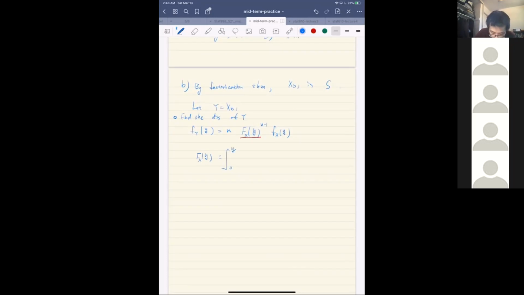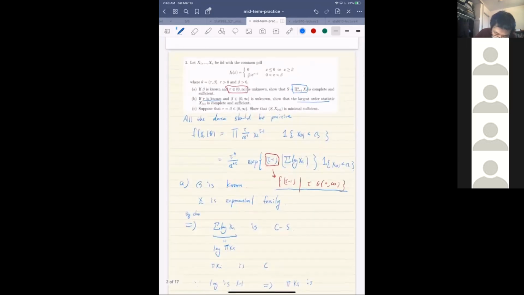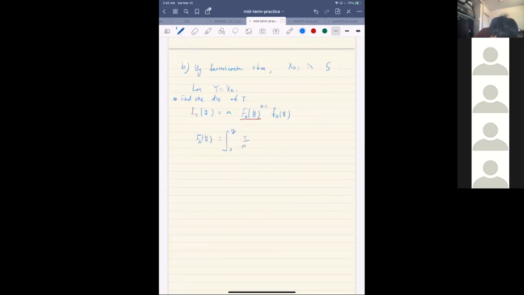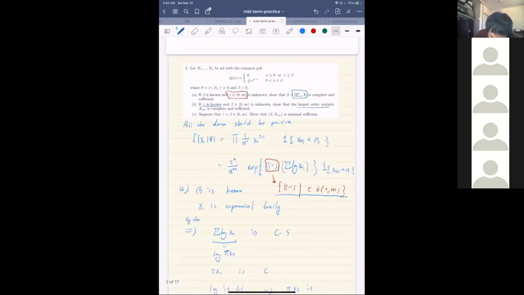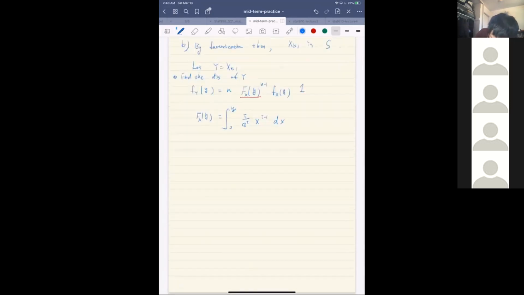And I want to plug in the density of x. So the density of x is like this. So it's tau beta tau x tau minus 1 dx. Also, you will have an indicator function.